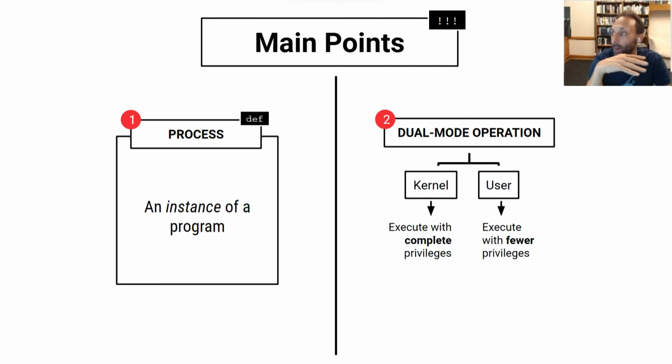Now this is an extremely important idea: a process can run in what's called kernel mode or user mode, sometimes called kernel land and user land, or kernel space and user space. When a process runs in the kernel, it runs with complete privileges because it's got to do stuff. It's in the kernel for a reason.